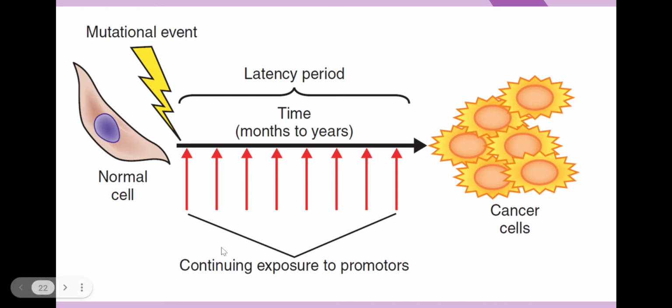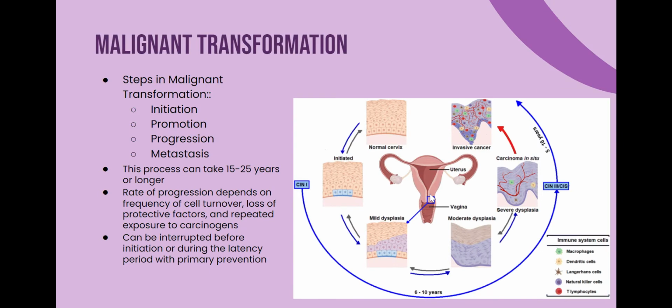We have this promotion. So different agents in the environment and within the body promote the development of abnormal cells until we finally progress to an identifiable tumor that can break off and invade to other places. So that's that stepwise procedure, second time.